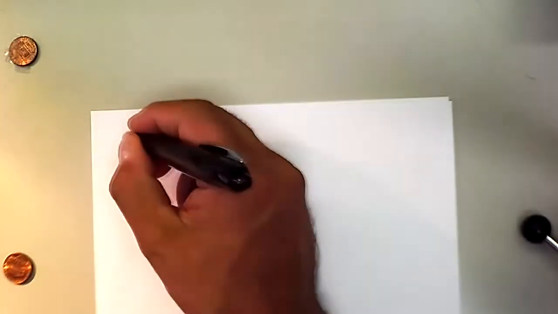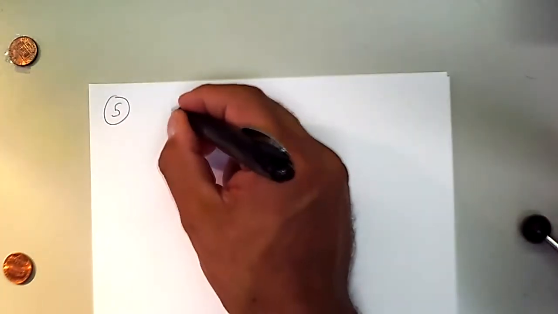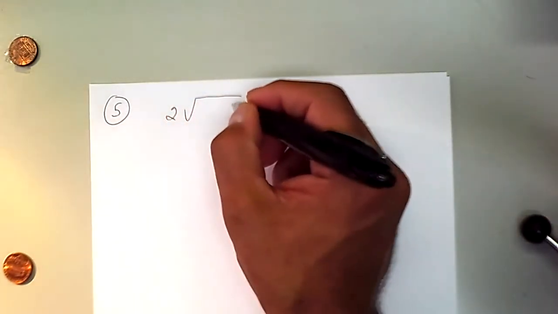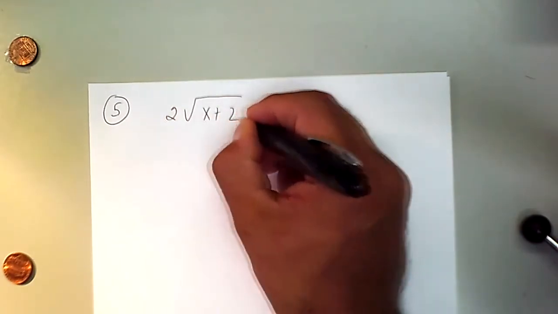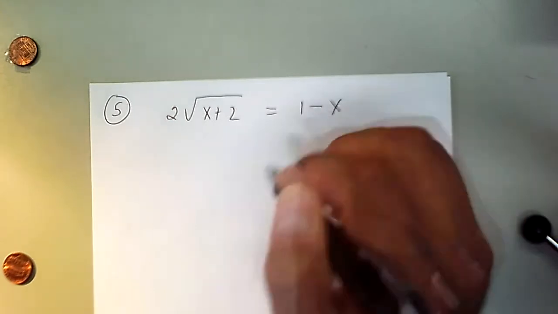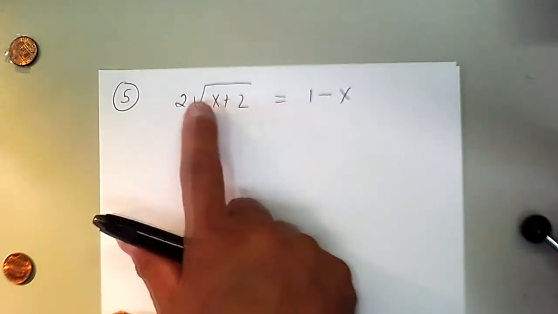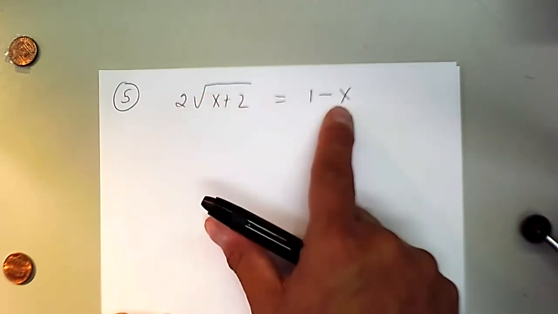Example, let me keep track of the numbers. Example 5. 2 times square root of x plus 2 equals 1 minus x. All right. As usual, we're going to square this, and we're going to square that.